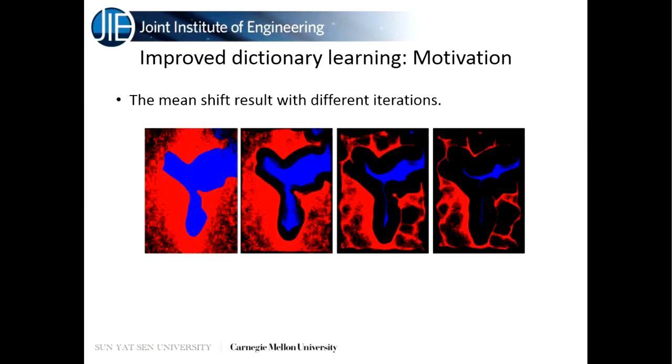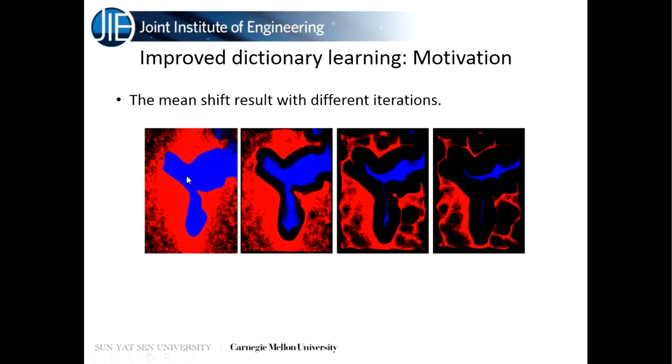And this is the mean shift result with different iterations. In the first figure, the blue color represents those regions whose neighbors are mainly from the non-ASD group. This is the kernel for the non-ASD group, and you can see it is very strong. For those red areas, whose neighbors are from the ASD group, their density function is very strong.